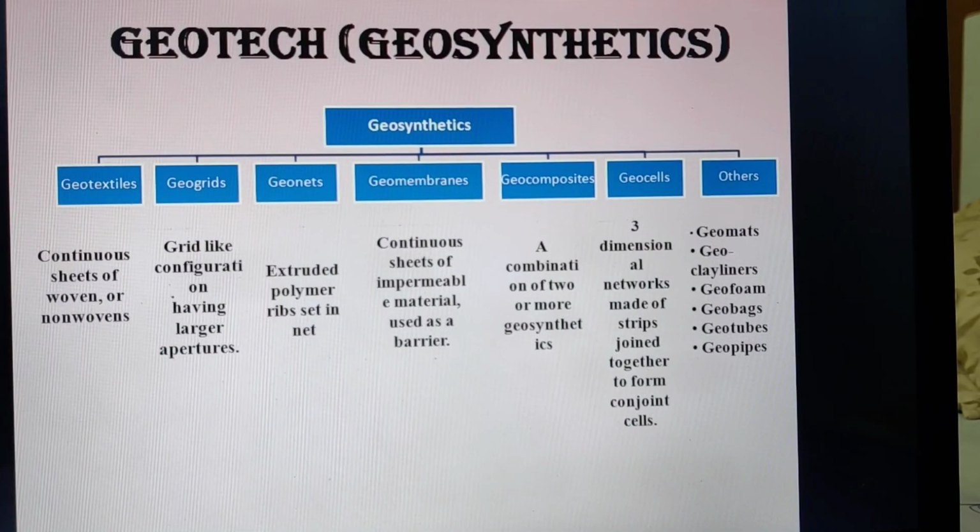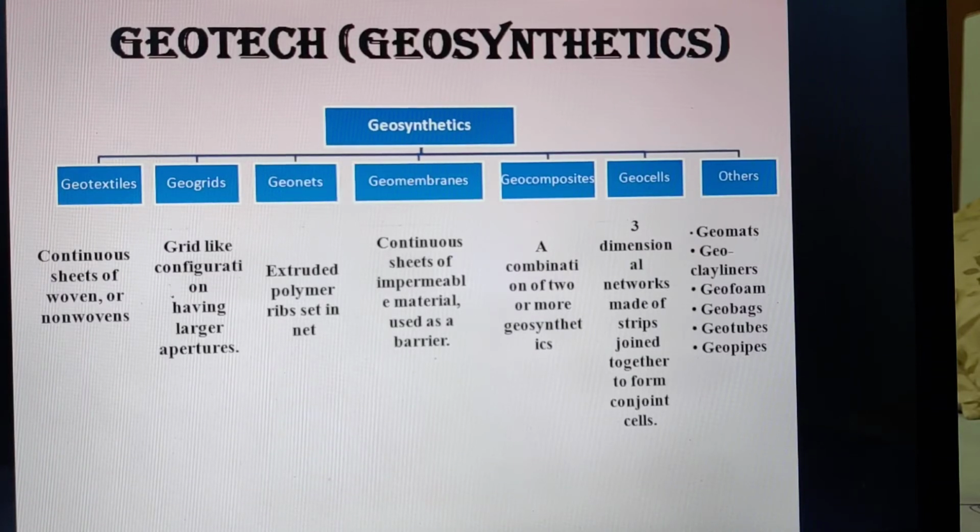As I told, geotech in civil engineering is generally called geosynthetics, and geosynthetics may be classified into geotextiles, geogrids, geomembranes, and geocomposites. Nowadays there are further classifications like geonets and geocells and others.